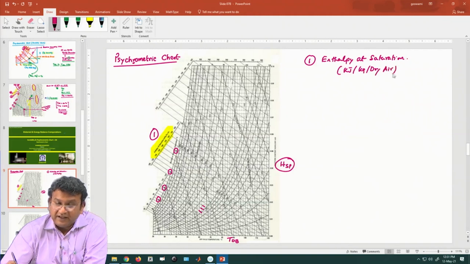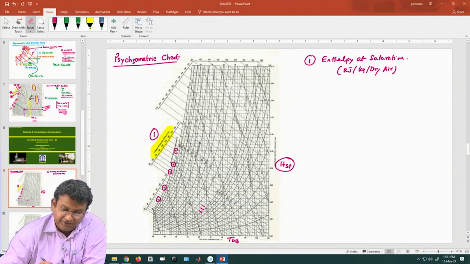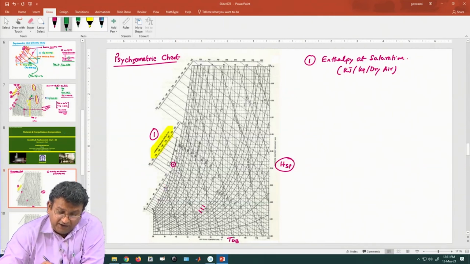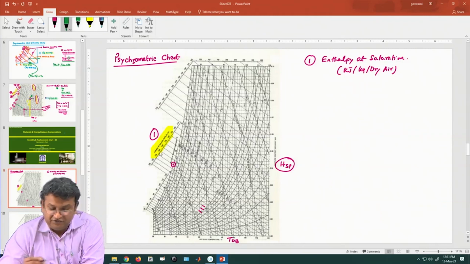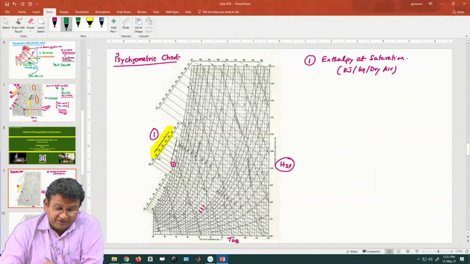So, if you have air at this condition, you automatically can find out its enthalpy at saturation. Per kg of dry air, its enthalpy at saturation is 144 or 143 or whatever. I cannot see that clearly, but you can find it out.